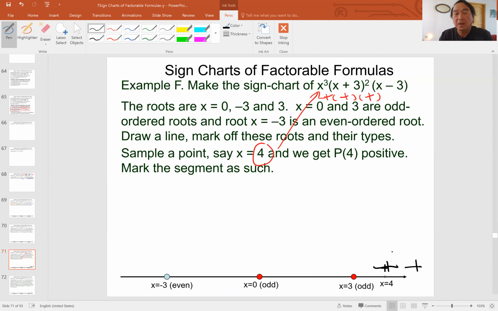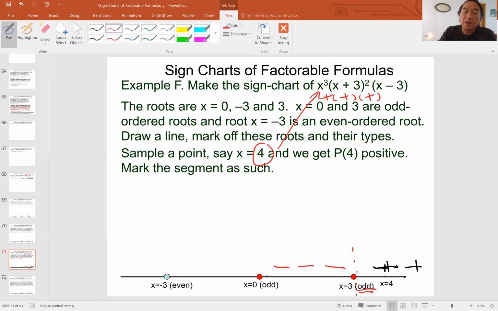Now, how about on the other side of the number 3? That's where the theorem says, if the order is odd, the sign on the other side must be different from positive. So it must be negative. In other words, when it crosses the odd order root, it changes sign.